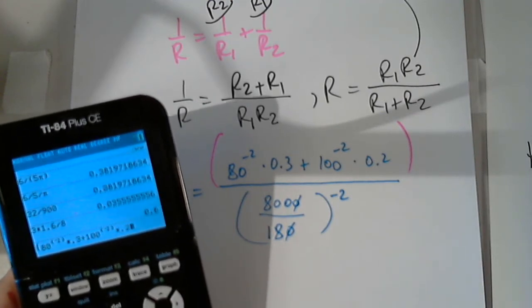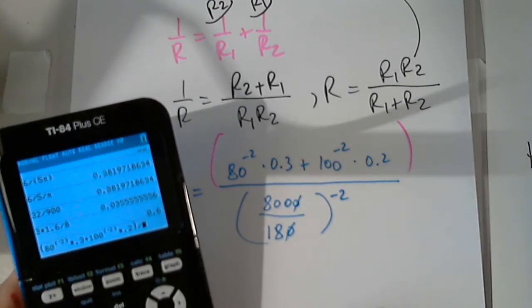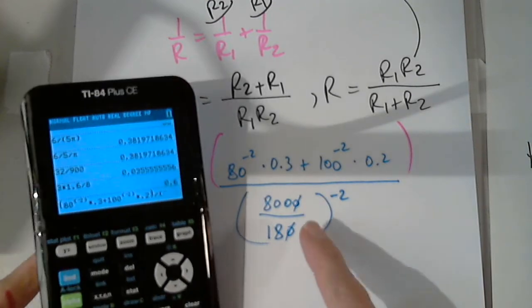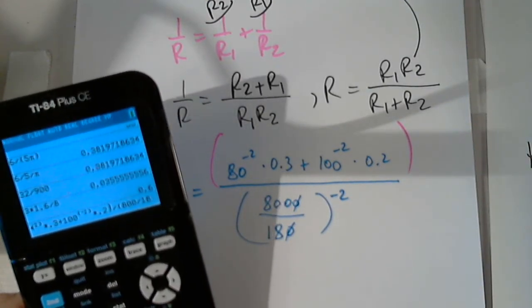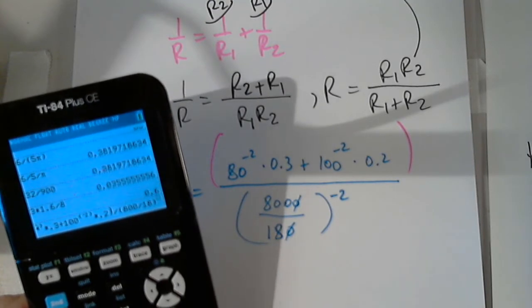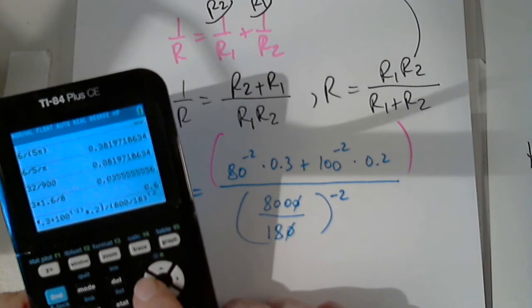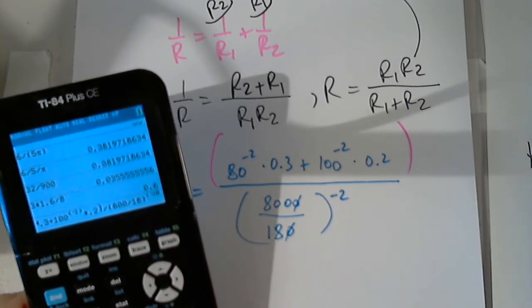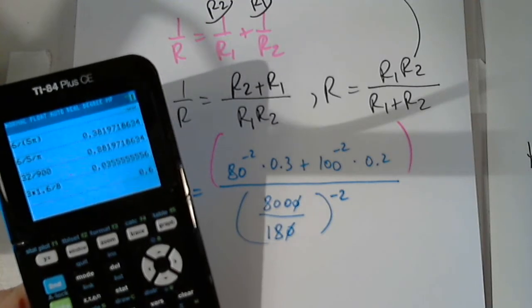Multiply by 0.2. Close the parenthesis. I'm here. Now I divide, in parentheses, 8000 over 180. Close the parenthesis. Power, in parentheses, negative 2. Close. And press enter.